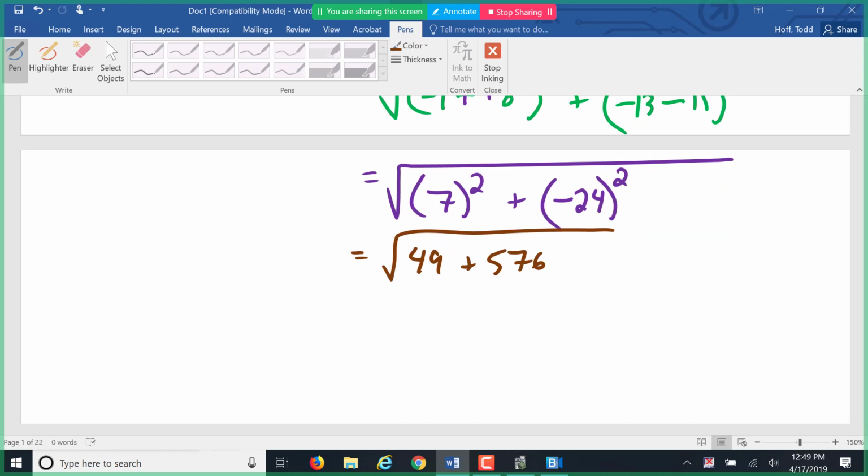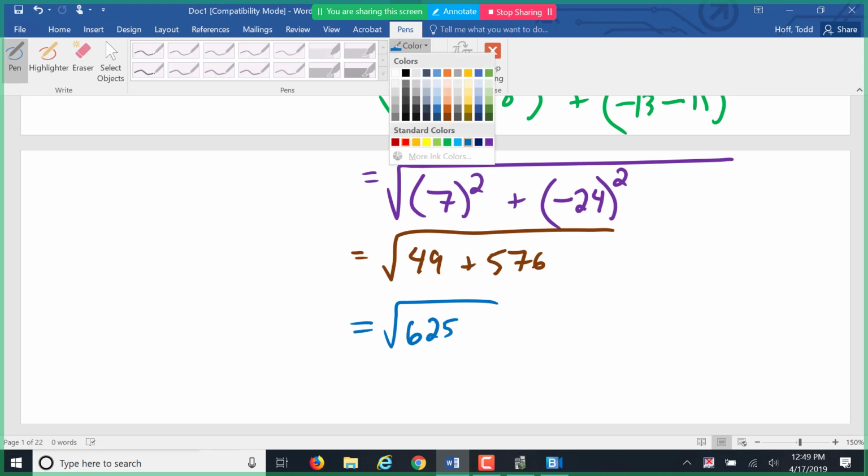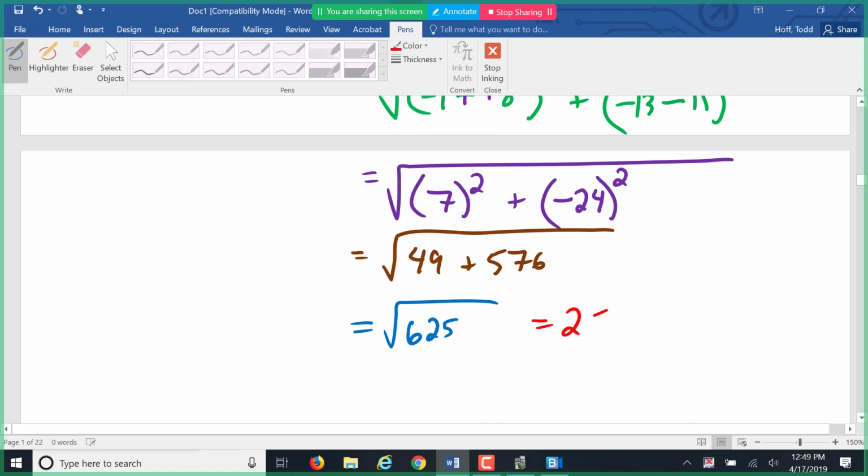We add those together. We get 625. The square root of that is 25. Those points are 25 units apart.